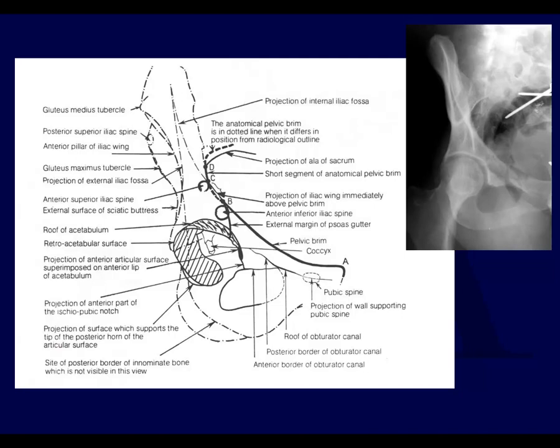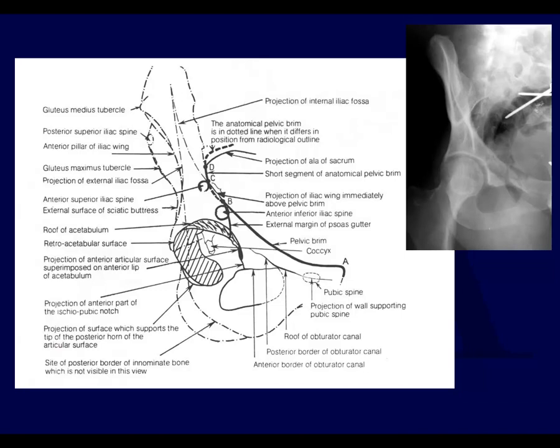Now, you may want to pause your video at some point and get a good long look at this. This is a very nice schematic, very detailed, right out of the Letournel and Judet textbook on fractures of the acetabulum.